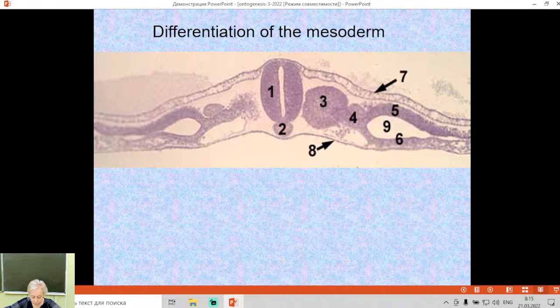In the ventral part, the mesoderm is divided into parietal, number 5, and visceral, number 6, sheets of splanchnotome. You can see the secondary cavity of the body between the parietal and visceral sheets of splanchnotome.